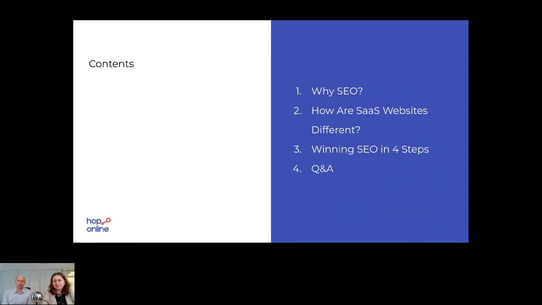And we're going to compare the scenarios of why SaaS websites are in some cases at a disadvantage, but in other cases are at a real advantage when it comes to SEO. And then Galia will wrap up with some particular concrete steps that you can take to really win with SEO, regardless of the situation that you're in right now. And then we'll go to Q&A after that.